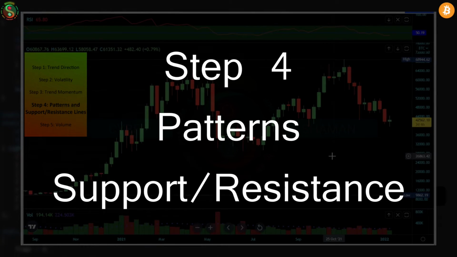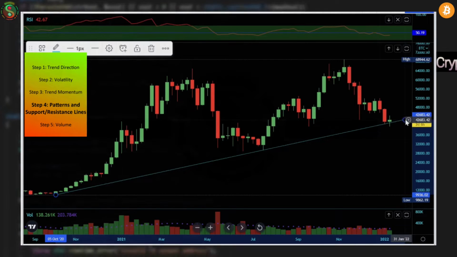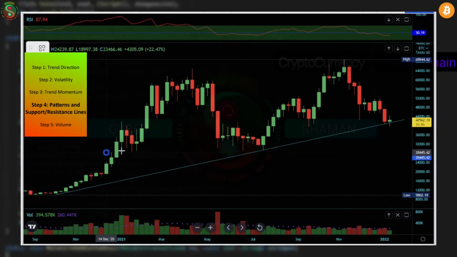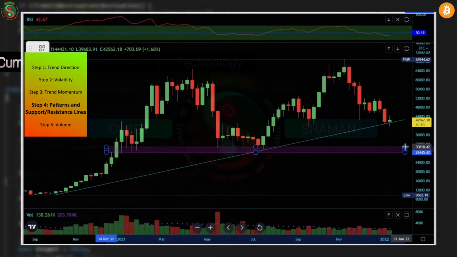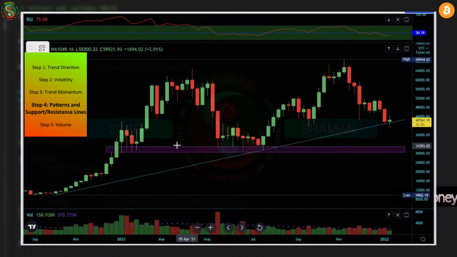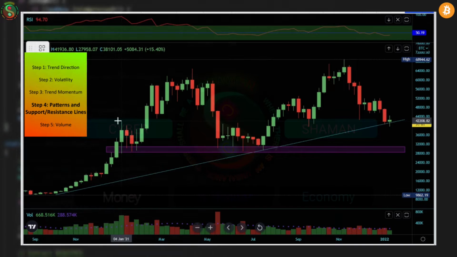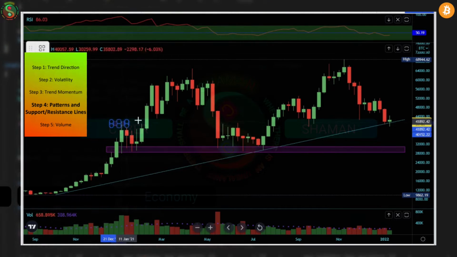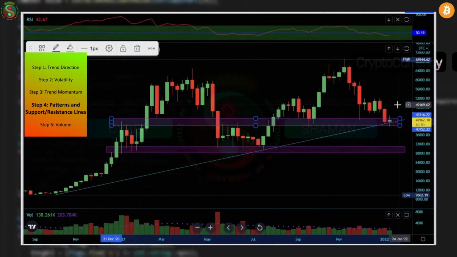In step 4, we search for patterns and support and resistance lines. First, we have a trend line, a support box at 28k to around 30k, another box of support and resistance where the price is now between 40k to almost 43k.